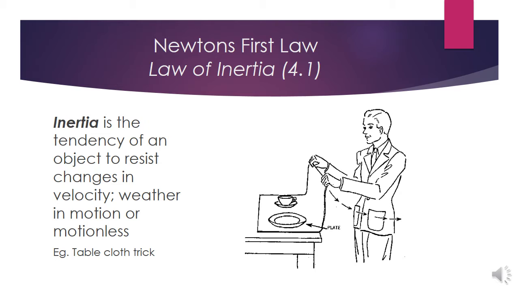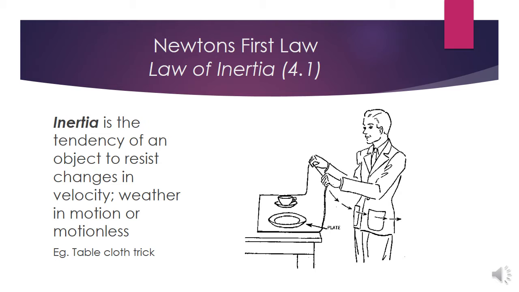So for the tablecloth trick, what we have is dishes and silverware on a tablecloth. And what are those dishes and silverware doing? Nothing, right? They're motionless. They're not moving. So they have a certain amount of inertia, a tendency to resist any change. So since they're motionless, they don't want to move.